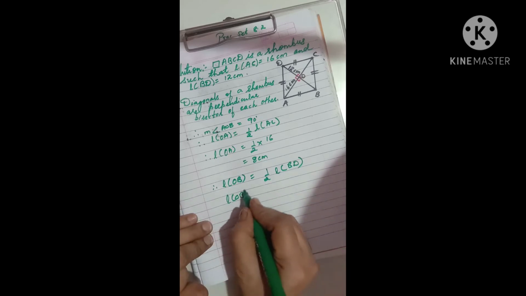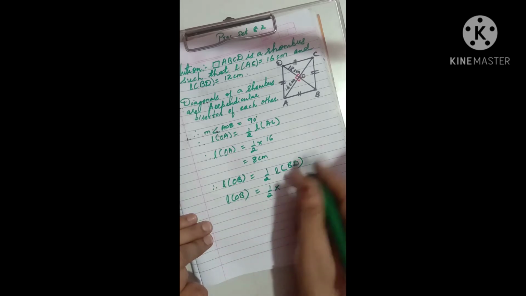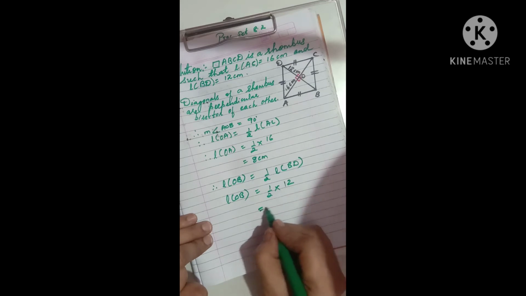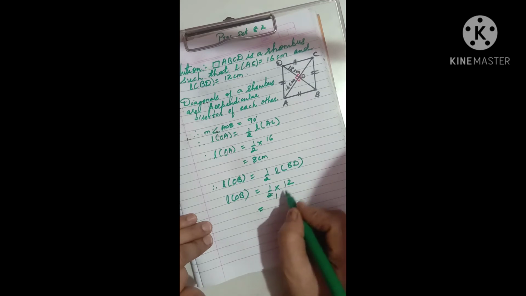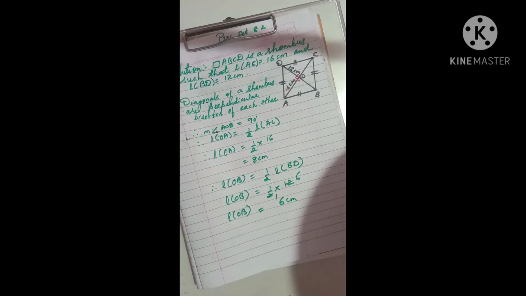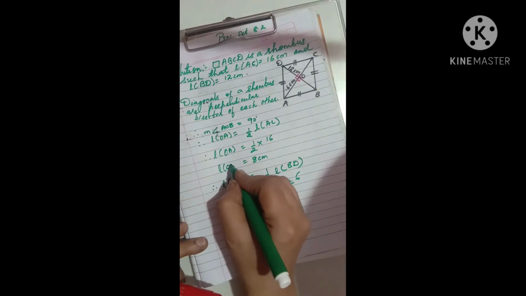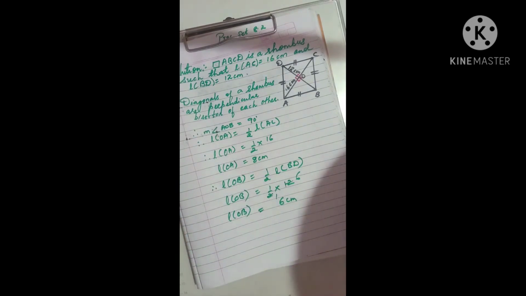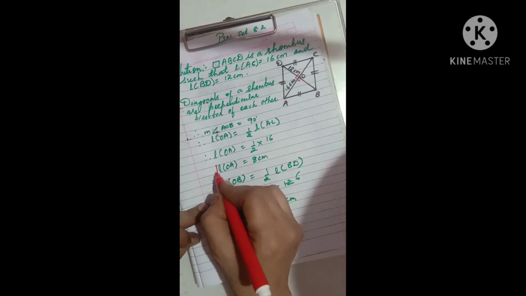So therefore length of OB is equal to half into 12, that is equal to 6 centimeter. Length of OA is 8 centimeter, length of OB is 6 centimeter.